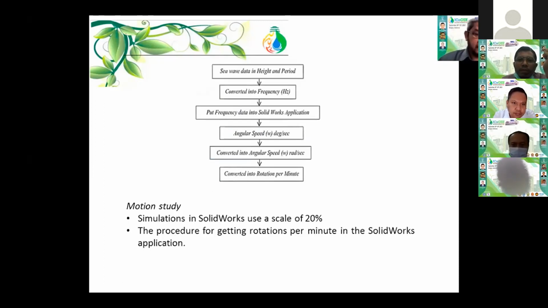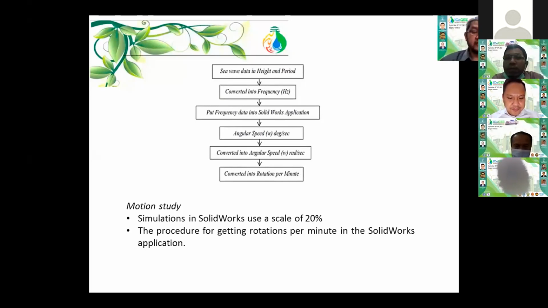For the motion study, the simulations in SolidWorks use a scale of 20% of the ocean wave size obtained from the Geospatial Information Agency. This is because the designs made have not taken into account the realization of the sea wave heights, while the design that has been made has a limit of being able to rise to 0.25 meters.